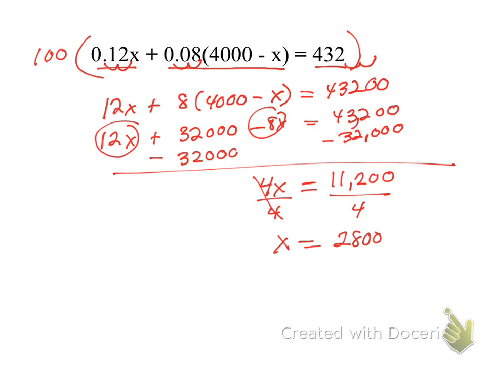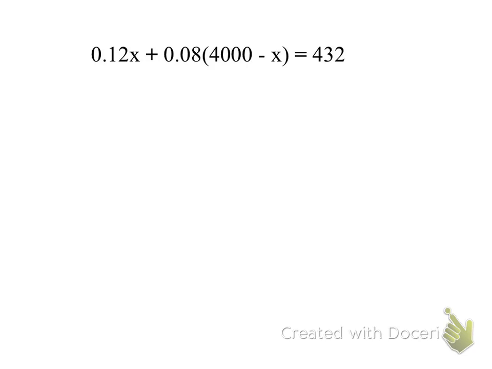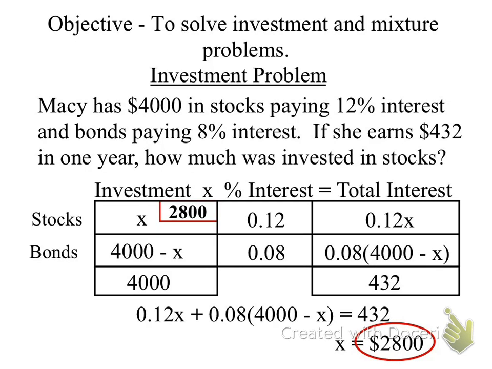Okay. And what does 2,800 stand for? I'm going back to my original. Once I figure out that x equals 2,800, I place it in my stocks. Now I have the ability to figure out my bonds. 4,000 minus 2,800 is 1,200.